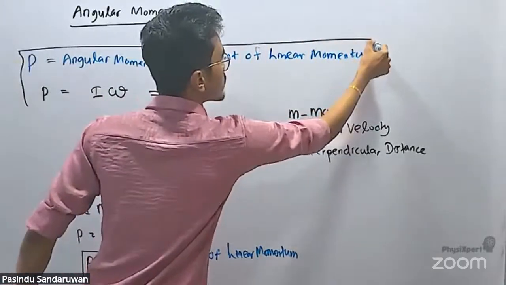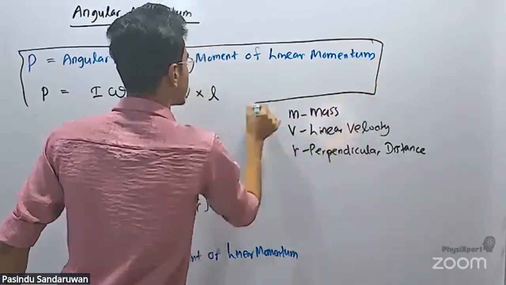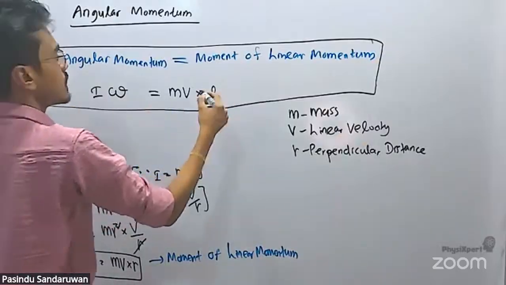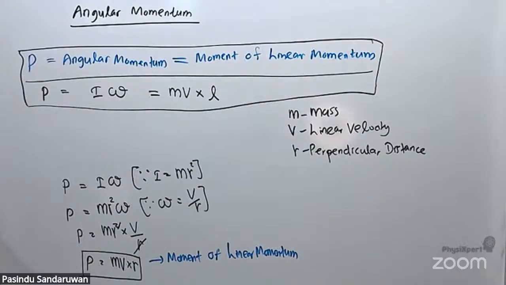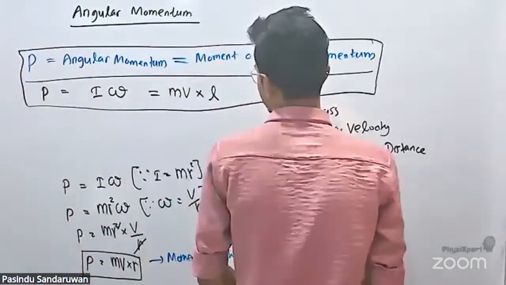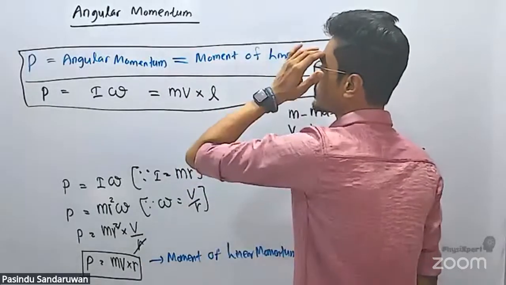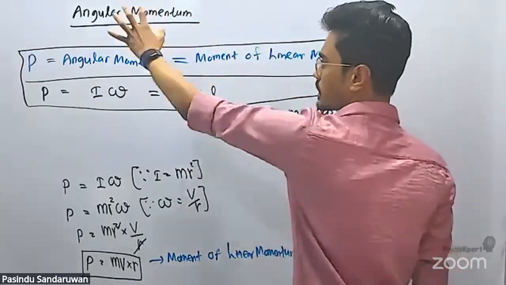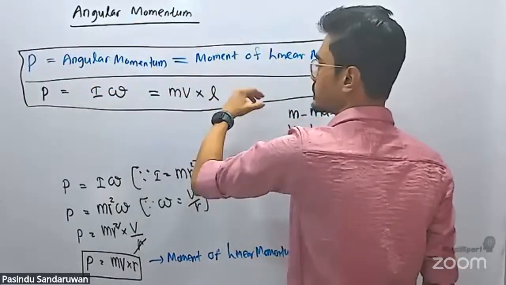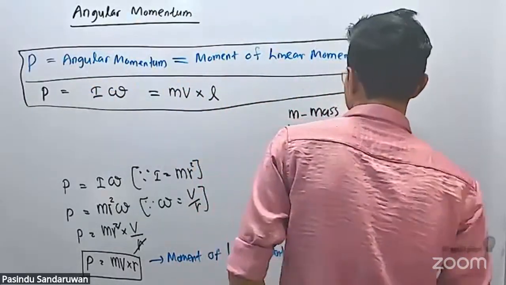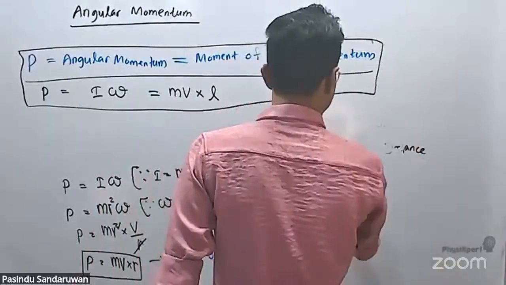Take this down and highlight. Right, this is the summary up to here. P equals angular momentum equals moment of linear momentum. Angular momentum is I omega, or it can also be written as moment of linear momentum, mv times L.